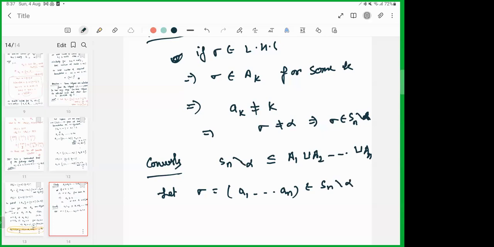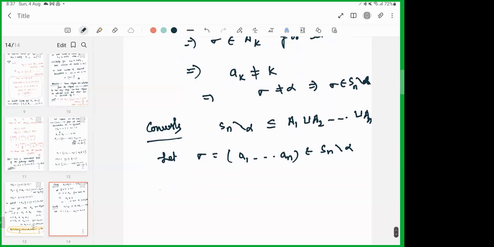So what? At least there is one Aj that is not equal to J. Since sigma does not equal alpha, there exists Aj such that Aj does not equal J.